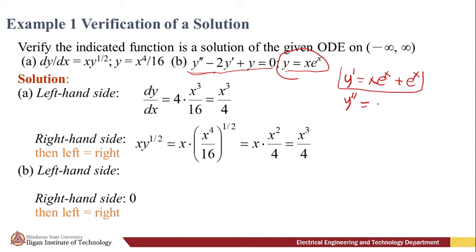So this one, same rule pa rin tayo dito sa first term. We have x e raised to x plus e raised to x. Then itong dito, ang derivative ng e raised to x is just equal to e raised to x. So simplify natin, we have 2 e raised to x plus x e raised to x.